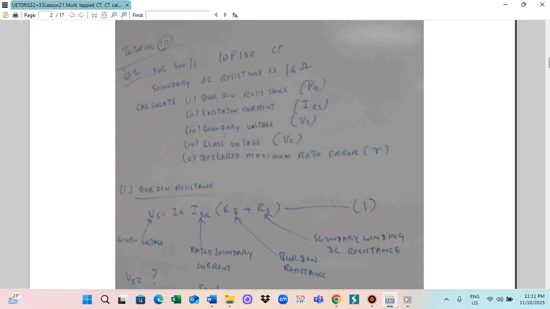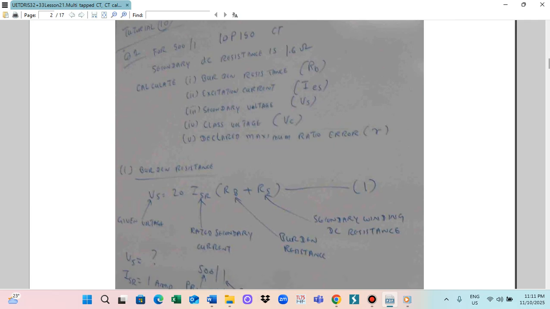Now we will write the current transformer calculations. Firstly, we calculate the burden resistance. Burden resistance is RB. RB means the resistance value to be connected across a CT secondary.